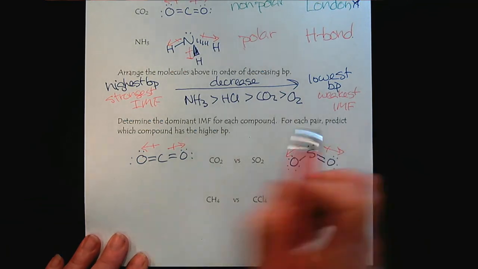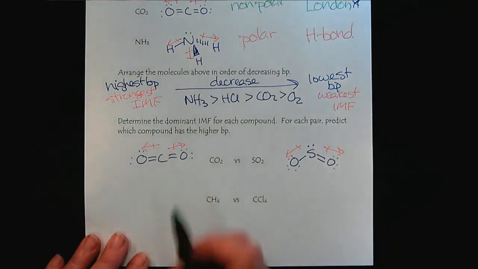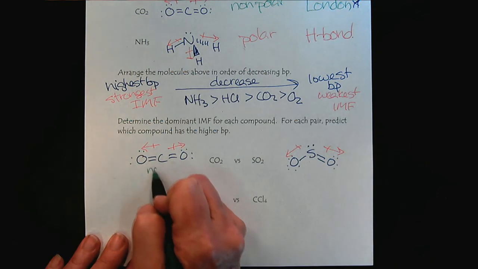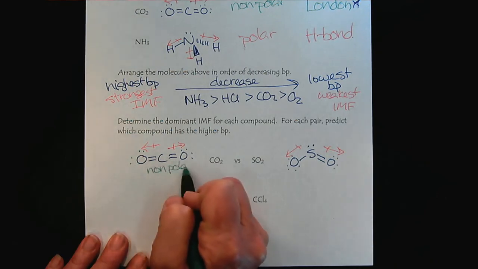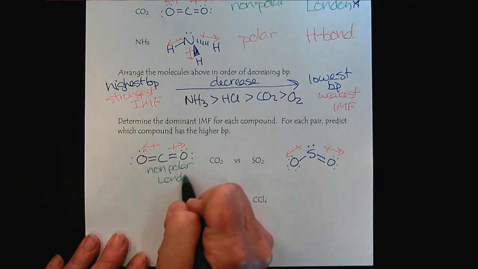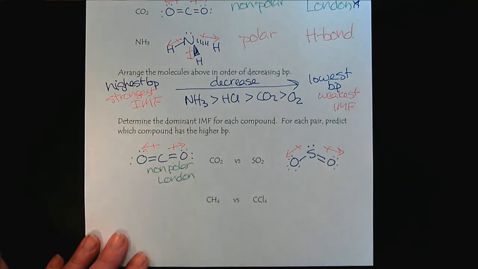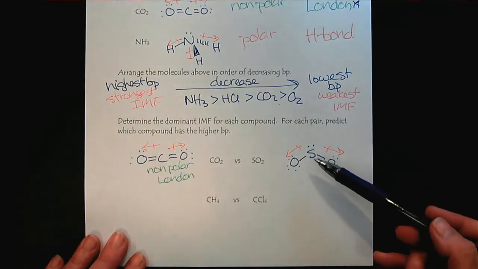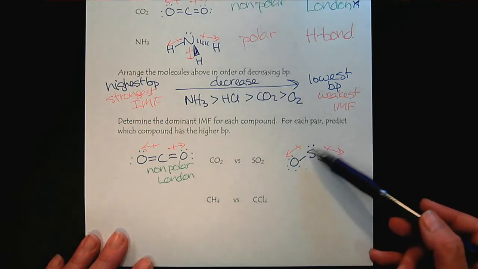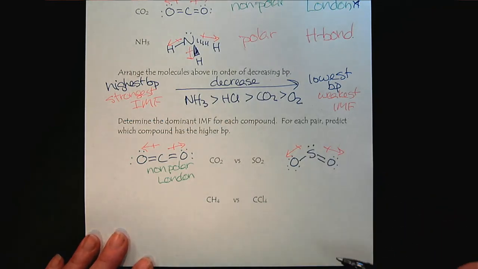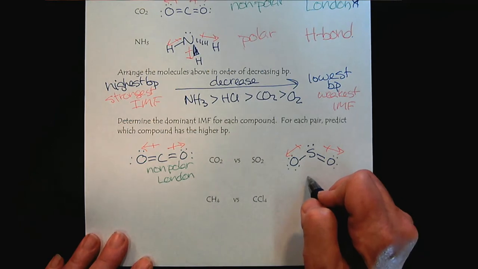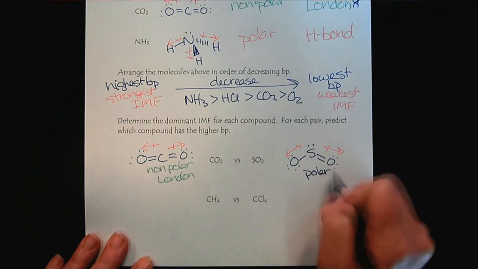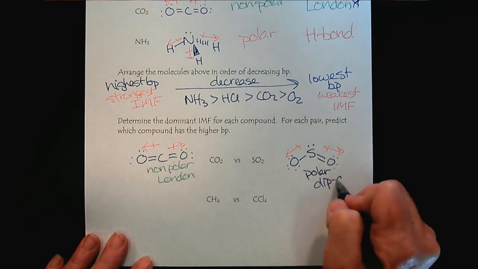So with CO2, of course, it's a linear arrangement, nonpolar, so it's a London force. Whereas here with the sulfur dioxide, we have 2 dipole moments, both pointing down in the same direction, and so we end up with a polar molecule with dipole-dipole.